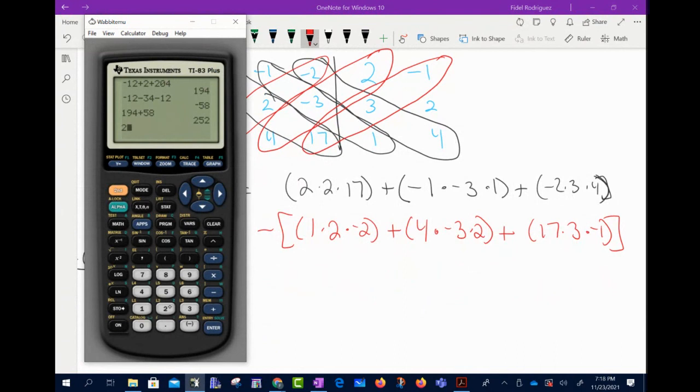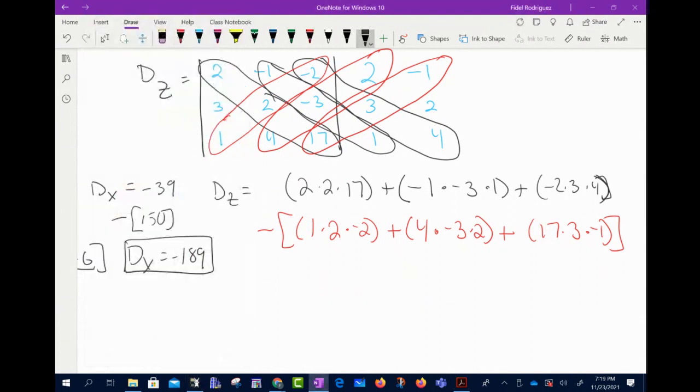So we got 2 times 2 times 17 is 68. So my first number here is 68. Negative 1 times negative 3 times 1 is a positive 3.